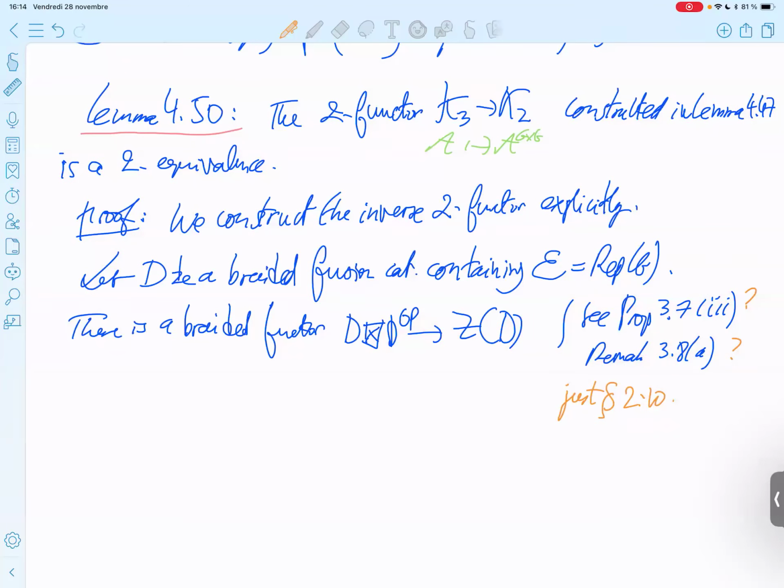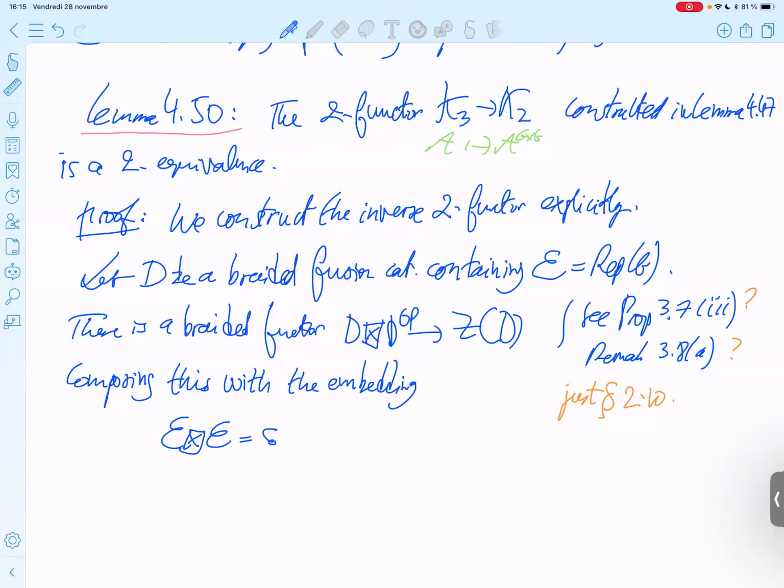Okay. So now you have this functor we already mentioned the whole time, and you compose it with the following embedding, which embeds into that.